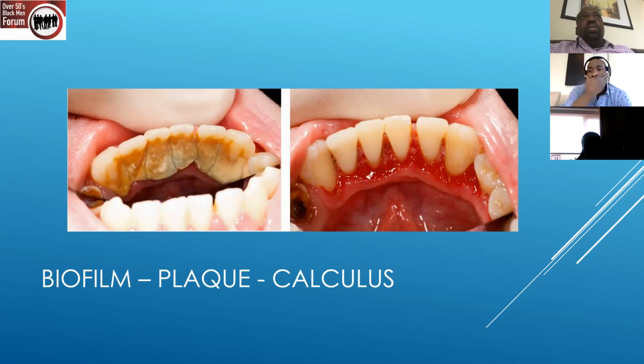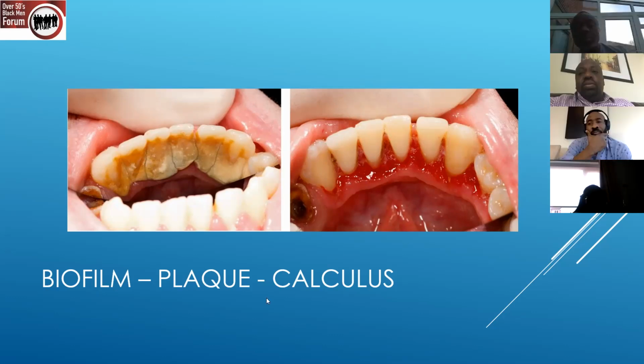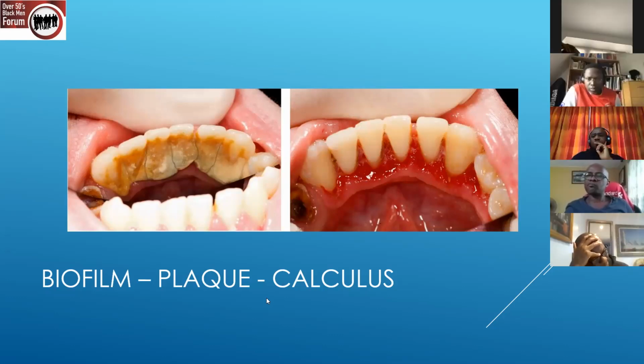If you wake up first thing in the morning and you take your finger and just rub it on your teeth, you get this white stuff, which is the plaque. That is what we're trying to get off when we brush our teeth every morning. Because if that is not brushed properly, it hardens, it calcifies, and you get the hard stuff on your teeth, which is what we call calculus. Next slide, please.